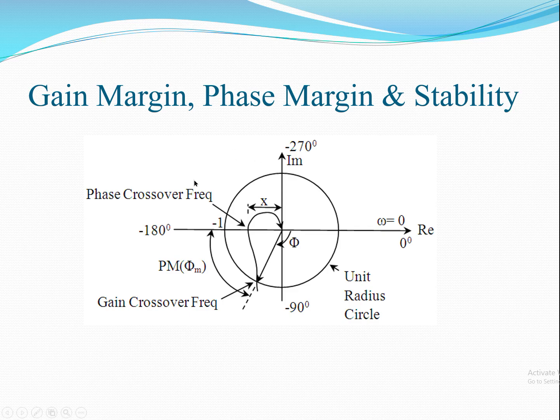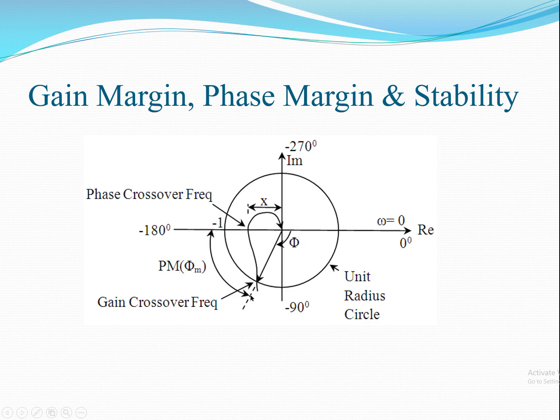Next, when your polar plot touches the real axis, this frequency is nothing but your phase crossover frequency. The angular difference between the gain crossover frequency point and minus 180 degrees is nothing but your phase margin.